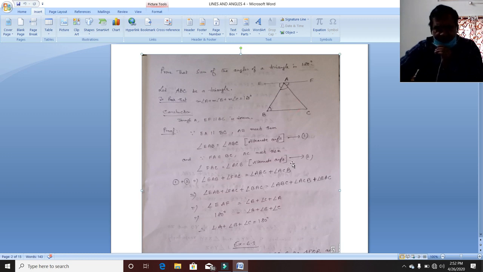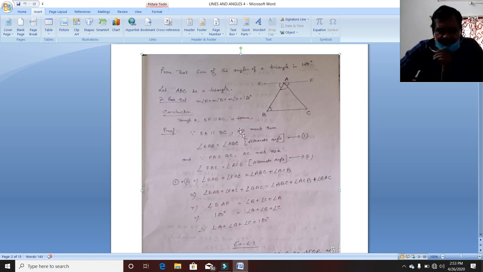This is one alternate angle. First one I have represented by 1, second one by 2. Similarly, the right hand side added, the left hand side added. So EAB plus FAC equals ABC plus ACB.